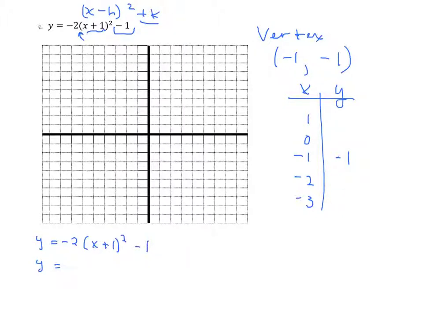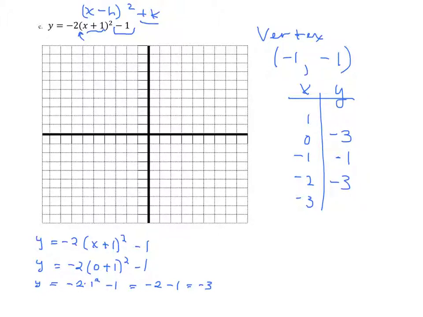I'm going to stick 0 in for x. So I will get -2 times 1 squared minus 1. So it's -2. 1 squared is 1. When I multiply them, I'm going to get -2. Take away 1, which will be -3.